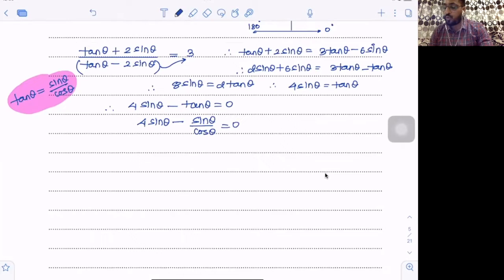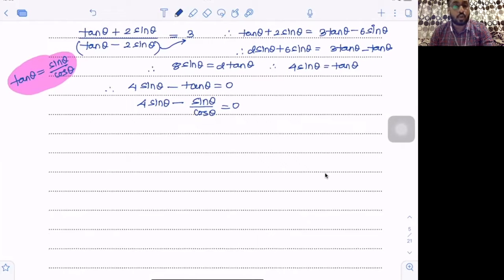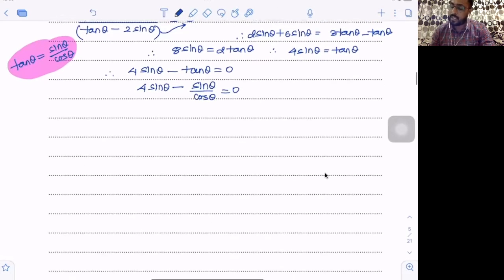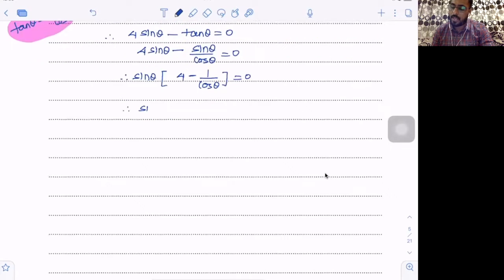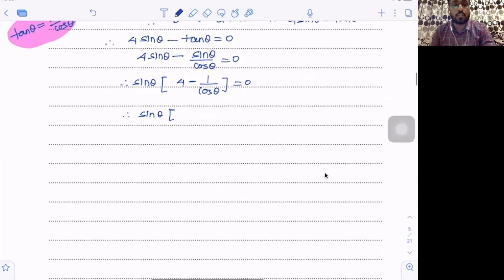Now, what I'm going to do here is I'm going to take out the sin theta common. Let's bring the sin theta common. So I take out the sin theta outside the bracket. I'm left with 4 minus 1 upon cos theta equal to 0, which I can cross multiply and write sin theta multiplied with, so I'll be getting what, students, here?